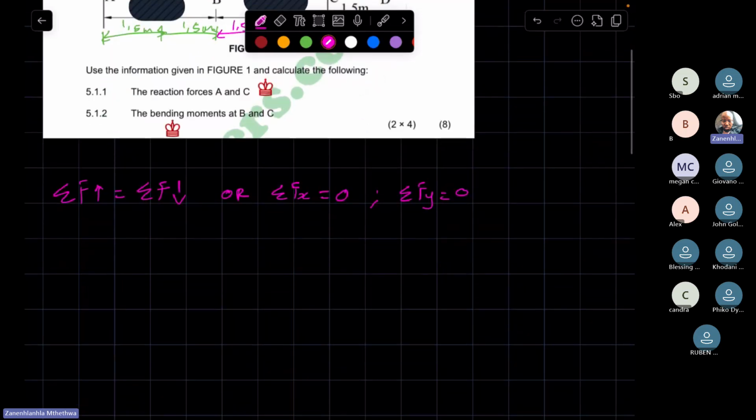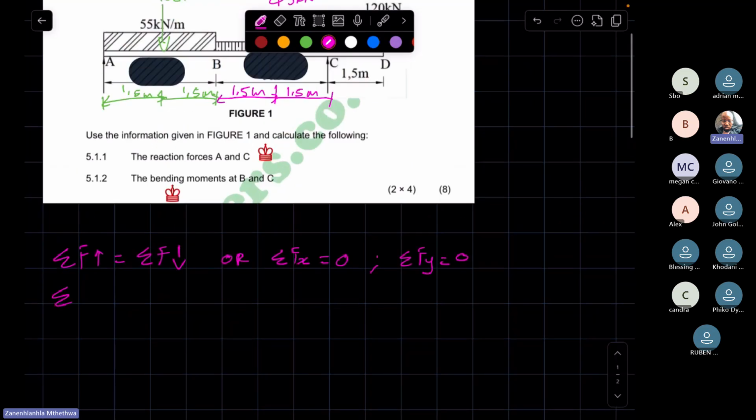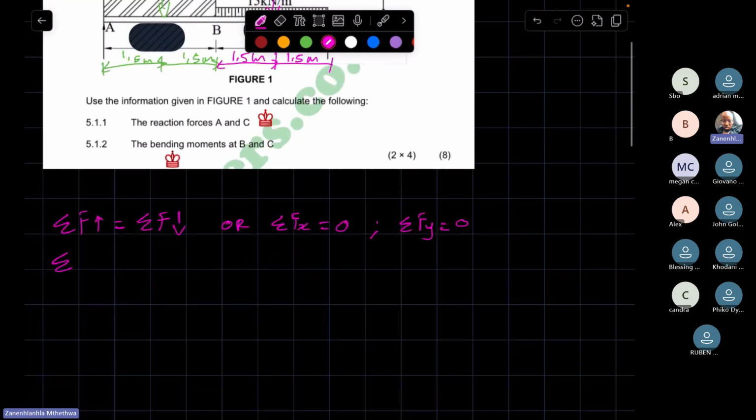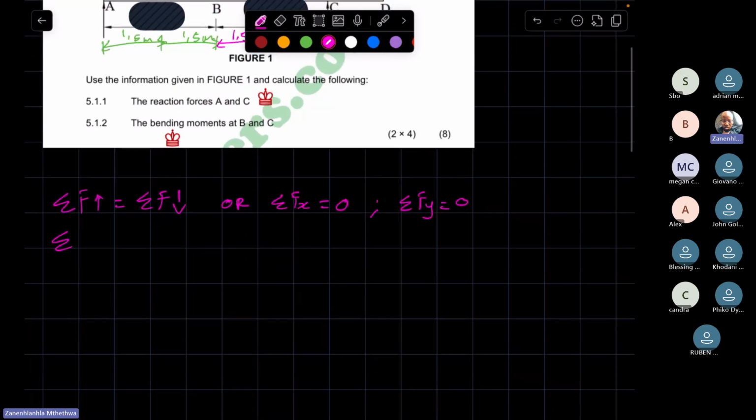The one we are going to use here is the sum of moments: the sum of clockwise moments about a point is equal to the sum of anti-clockwise moments about the same point. Mathematically, this is expressed as the sum of clockwise moments equals the sum of anti-clockwise moments.